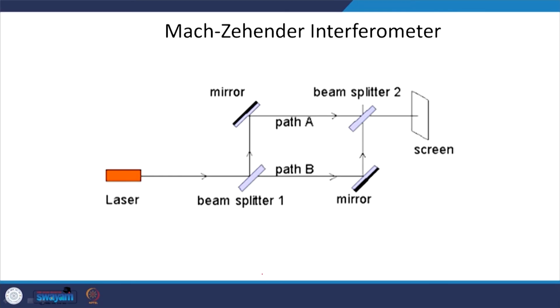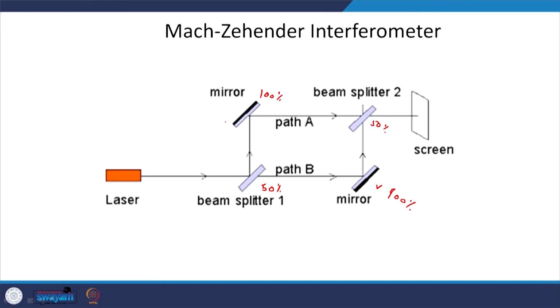Mach-Zehnder interferometer. In this kind of interferometer you have two mirrors and two beam splitters. So, light goes like this, you have a beam splitter which partially reflects and transmits. So, light can go from here and here, then again this is 100% reflecting, this is say 50% reflection, and same here 100%, and here it is 50% reflection.